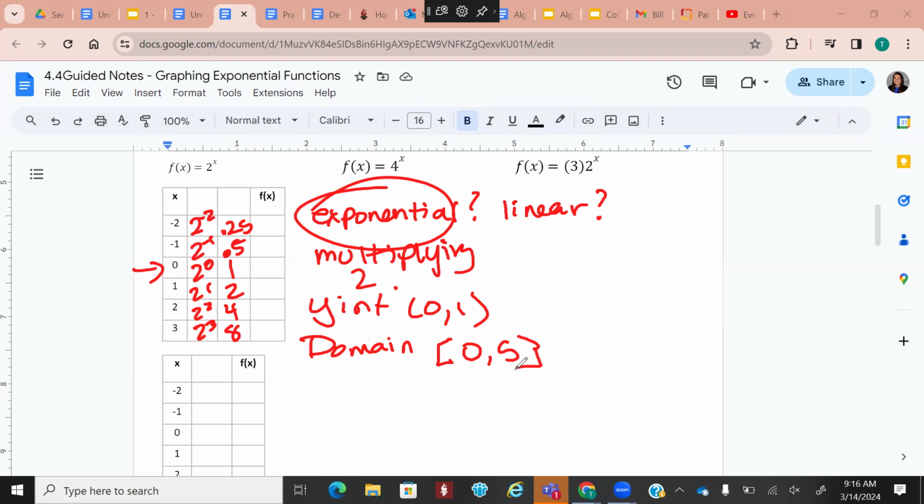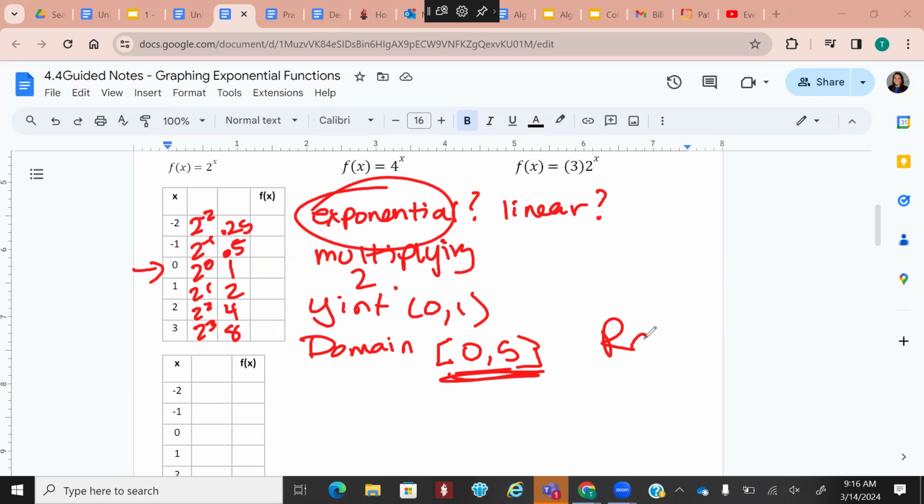This is not a trick question. I just told you the answer. The domain is 0 to 5. Does that make sense? So if I said the first 5 hours, that would be from 0 to 5.